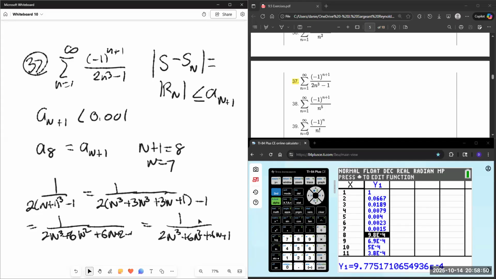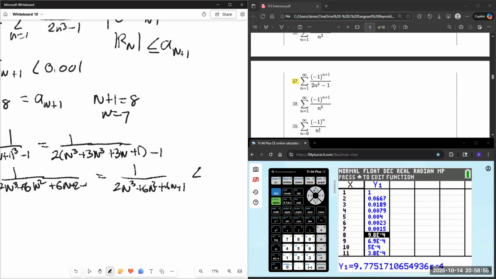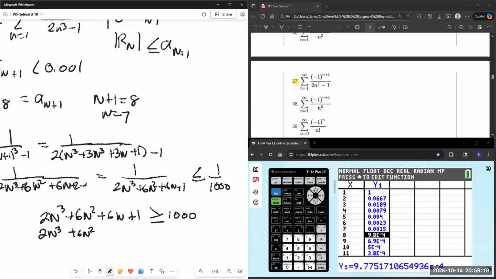And I need that to be less than or equal to 1/1000. So 2n cubed plus 6n squared plus 6n plus 1 needs to be greater than or equal to 1,000. Then subtract: 2n cubed plus 6n squared plus 6n minus 999 is greater than or equal to 0.